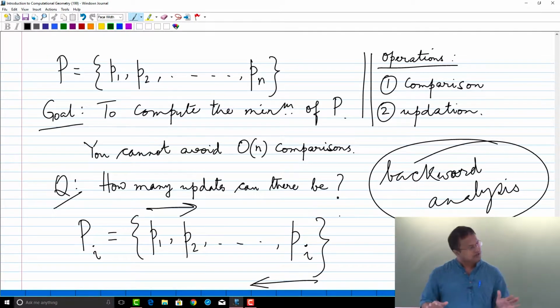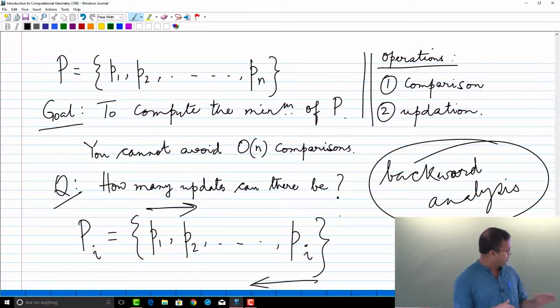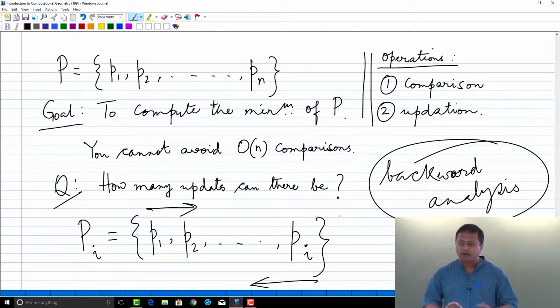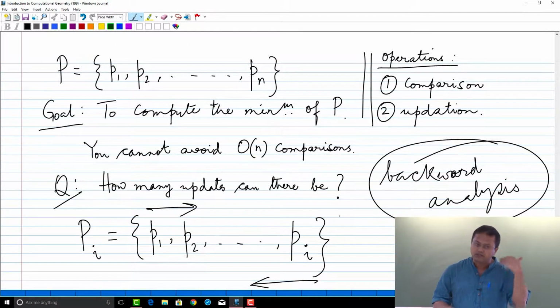So, there is this framework which Professor Sandeep Sen I think will talk of in the next week, this framework of randomized incremental construction, where this kind of analysis would be very much needed, but again those would be on complex geometric structures, but here we are in a very easy domain that we can handle.